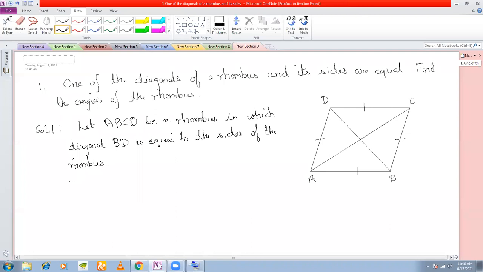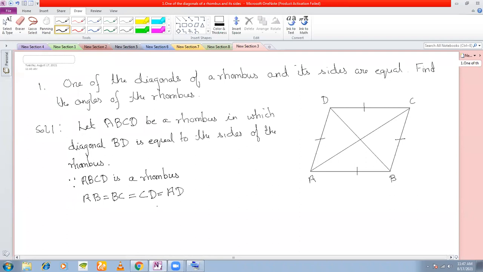Now, what are the sides of the rhombus? AB is a side, BC is a side, CD is a side, and AD is a side. So that means all are equal. So we'll write, since ABCD is a rhombus, AB must be equal to BC, must be equal to CD, must be equal to AD.